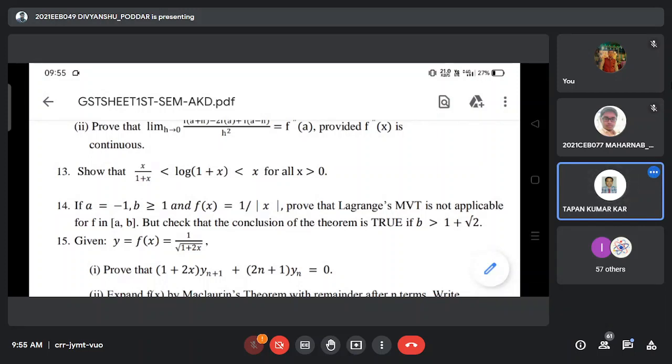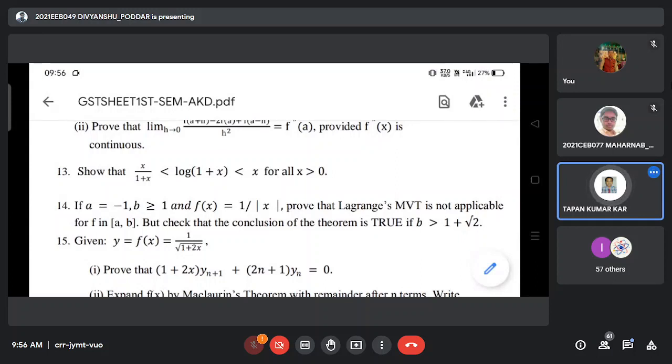So from here, try to find fb minus fa. I have to check whether it is true if b greater than 1 plus root 2.